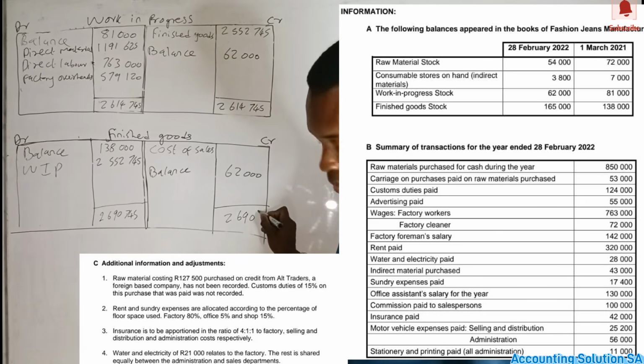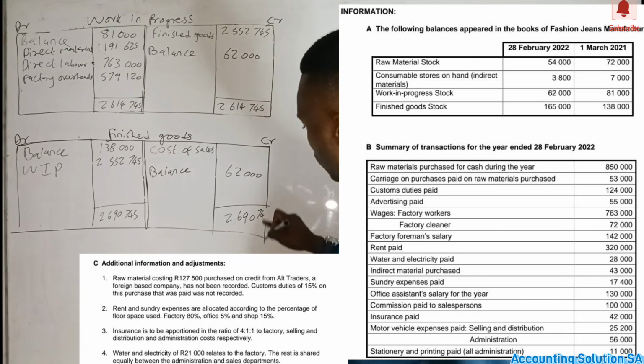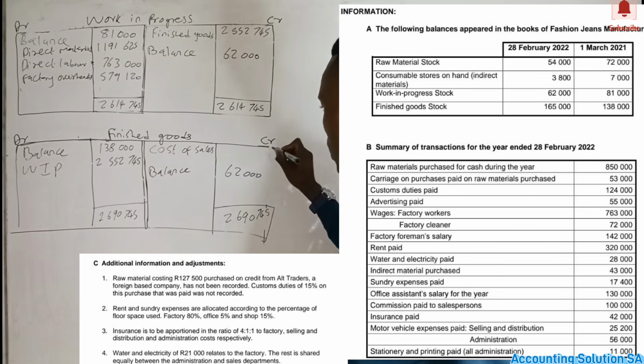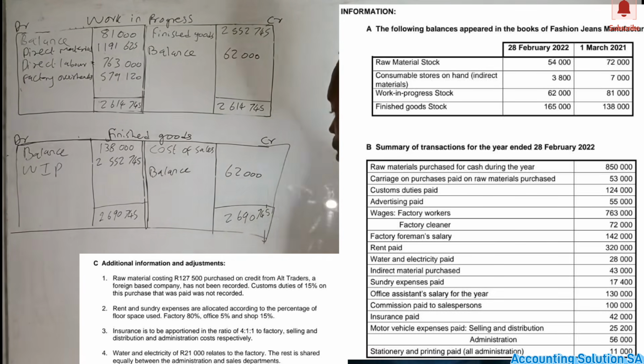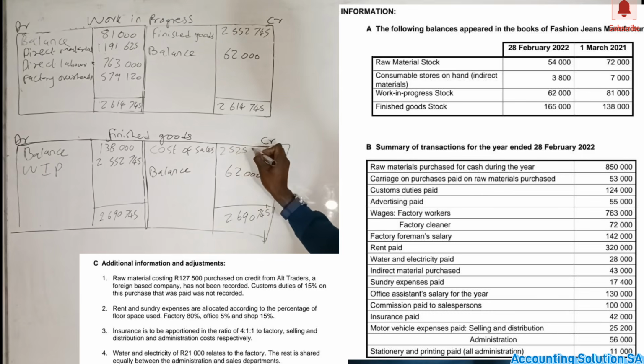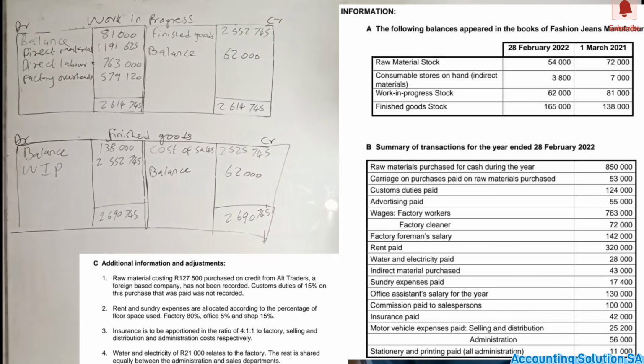Simple as that. Then after that we're gonna subtract this amount and we get cost of sales of 2,525,745. Simple as that. So this is how you should prepare this account.